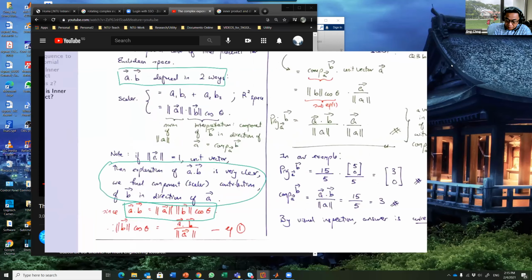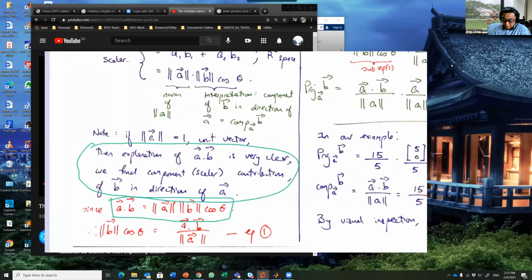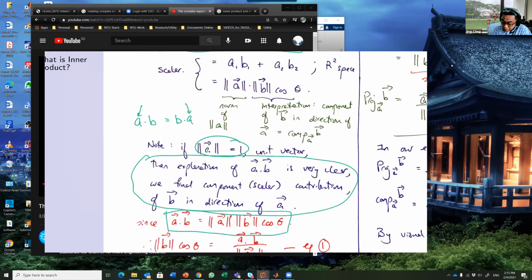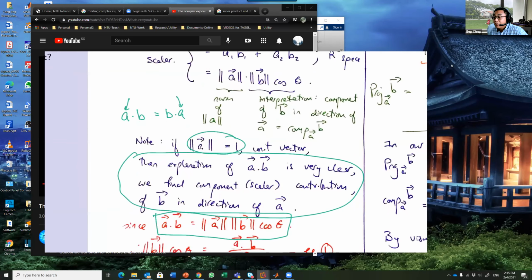A dot B is equal to B dot A. If the length of A is 1, then you are left with B cosine theta. What is B cosine theta?